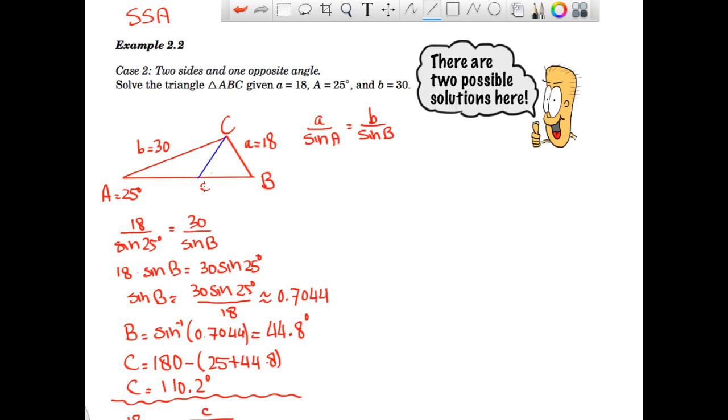How do we know it wasn't 18 this way? Well, we don't, and this is why this is called the ambiguous case. This side can swivel, or it can rotate, and we do know the following then. If these both are 18, then that means that this angle here must be that angle. So here's your second triangle.